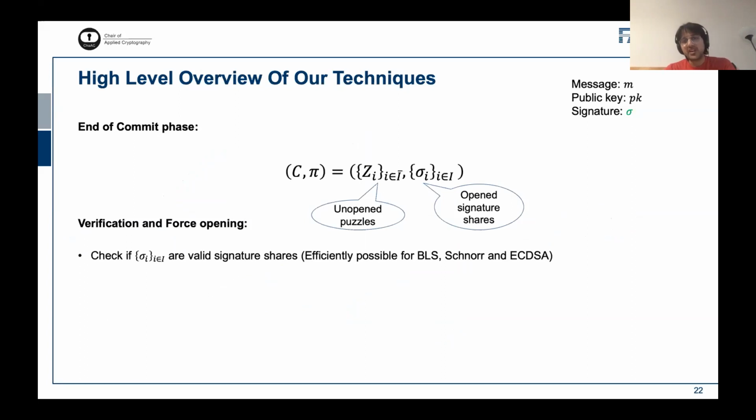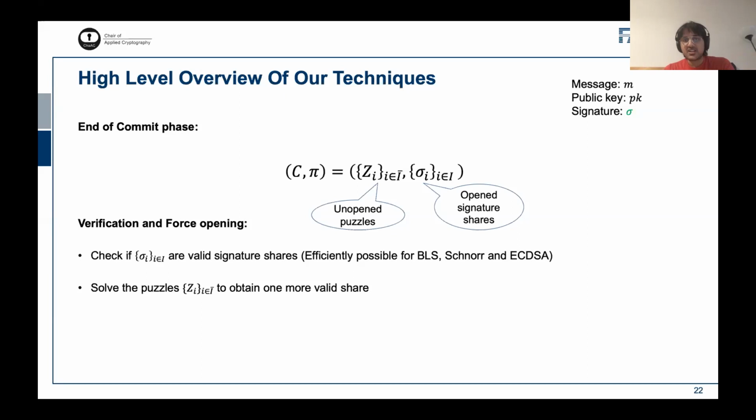Once you verify these open signature shares are valid, you are convinced that there is at least one unopened puzzle that has a valid share. With this guarantee, the verifier goes ahead and solves all of these unopened puzzles.